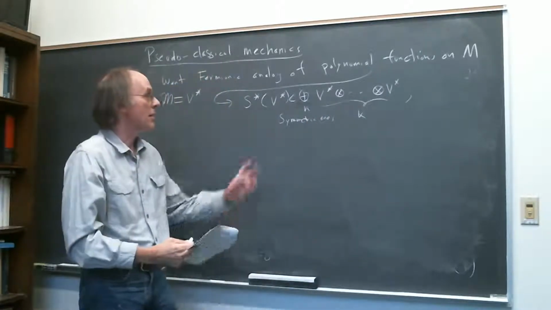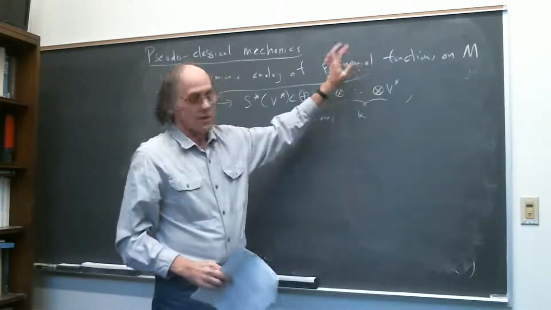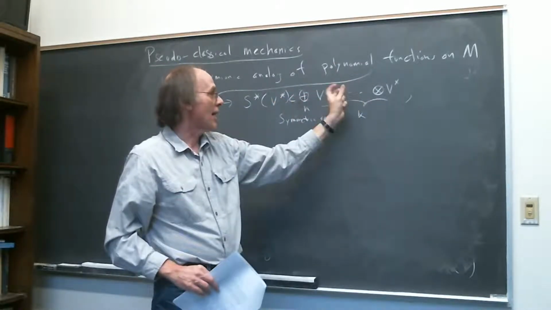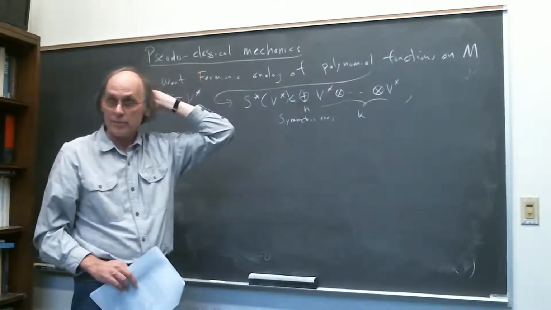For these to behave like polynomials, you can identify them with tensor products, but they have to be symmetric tensor products.